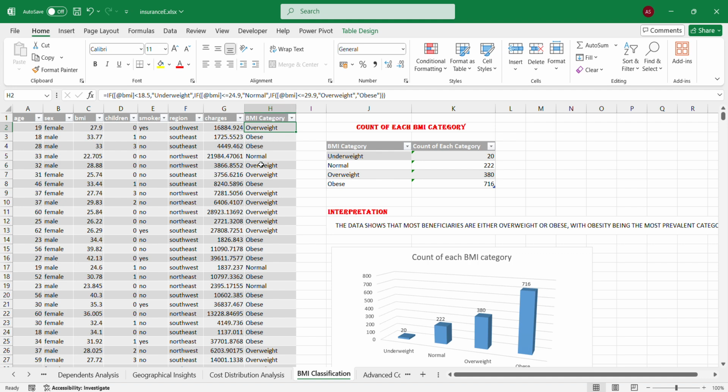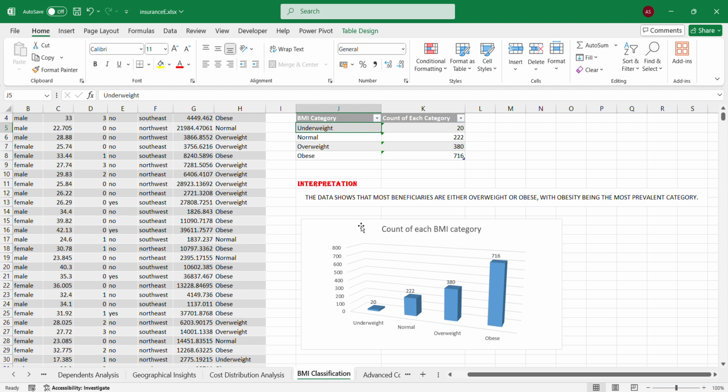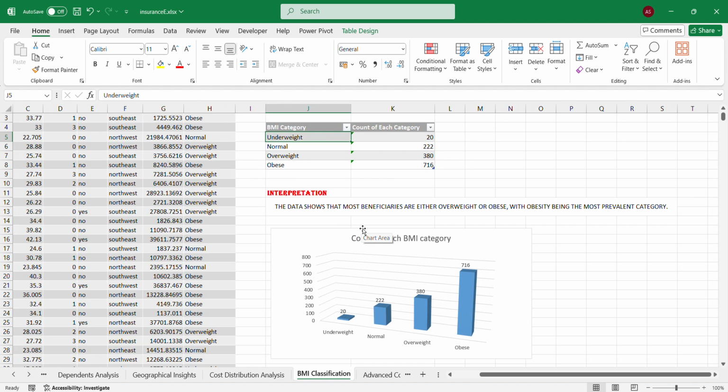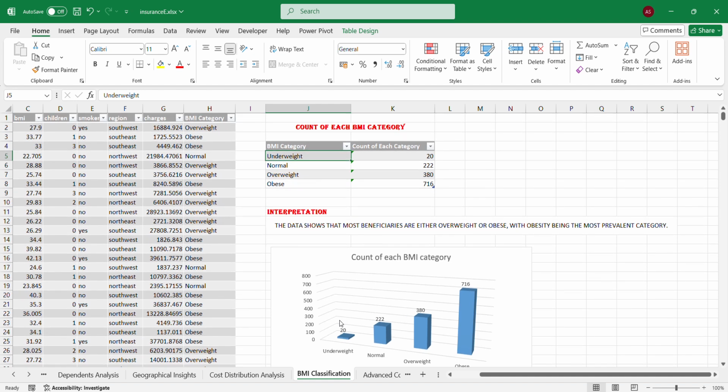According to this column, the count of each BMI category is generated, and the obese category has more count than the other categories. The data shows that most beneficiaries are either overweight or obese, with obesity being the most prevalent category. So with more obese people, there are more charges.